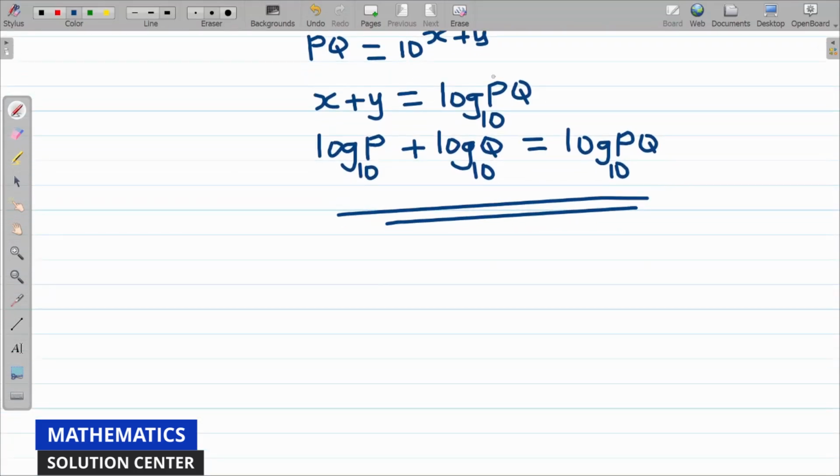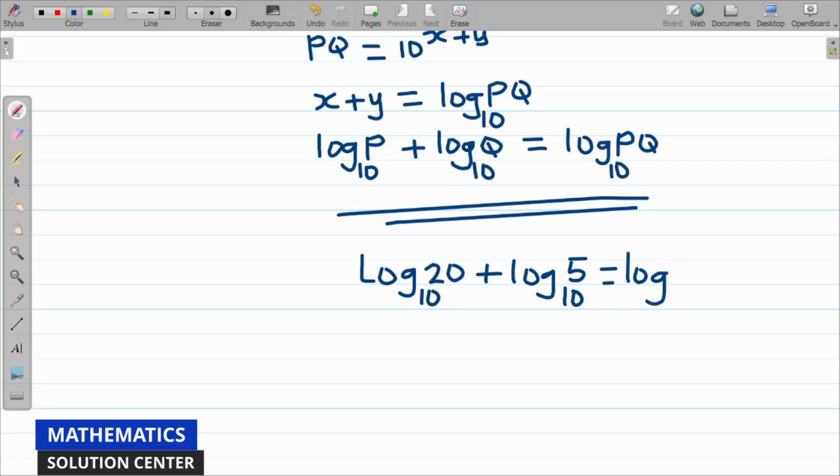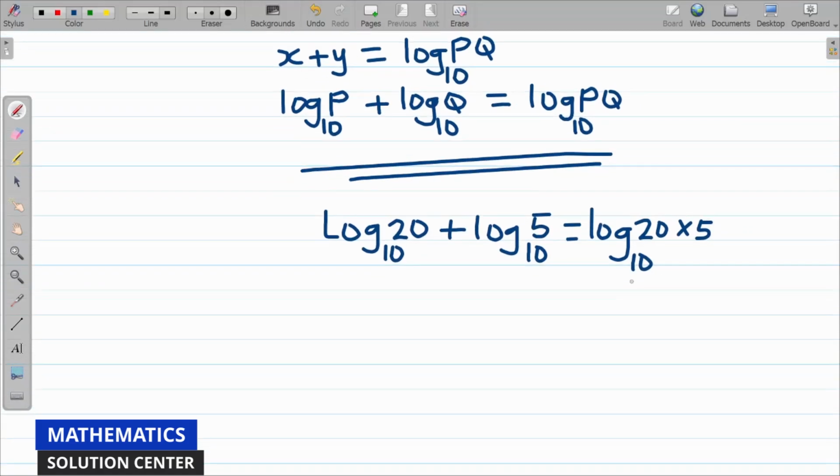So the question is, how do we apply it? Take for instance, I have log 20 base 10 plus log 5 base 10. Applying the law now, since log p plus log q is equal to log pq, it's going to be log of 20 times 5 to base 10. Take note that before you apply this law, your logarithms must be in the same base.